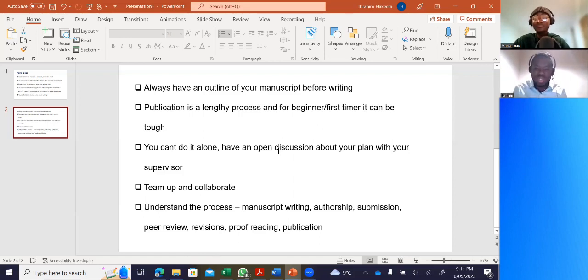So publication is not a journey you can do alone. You have to consult your supervisors, and please acknowledge everyone that has contributed to the work. Make sure your acknowledgement or their consent is a written consent, not a verbal consent, because verbal consent is not tenable anywhere. Anybody that has contributed to the work, acknowledge them, and seek their consent if they want to be co-author.